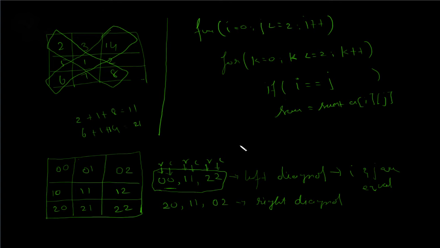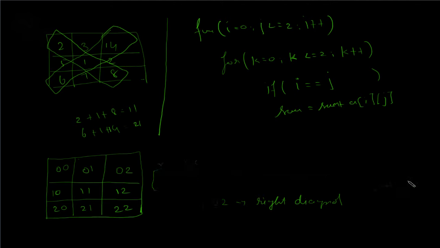So while executing, the execution goes like this. When the value of i is equal to 0 and i less than or equal to 2, this will become true because the value of i is 0 in the beginning, and if it is true, it will get inside the second for loop, that is k is equal to 0, and k less than or equal to 2, which is again true.